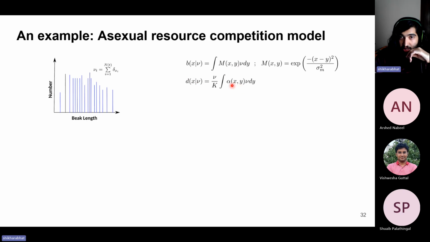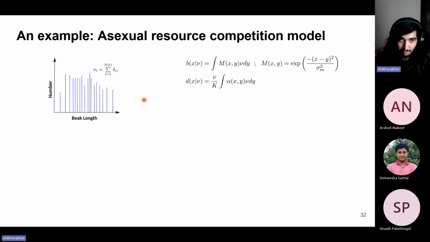And this is supposed to be a competition kernel. I am not going to specify its functional form just yet, but you can think of this as being analogous to Lotka-Volterra competition, which is why I've used alpha. The idea is this is the continuous analog of the sum of alpha ij nj, which is alpha xy nu y, where the summation is replaced by an integral.